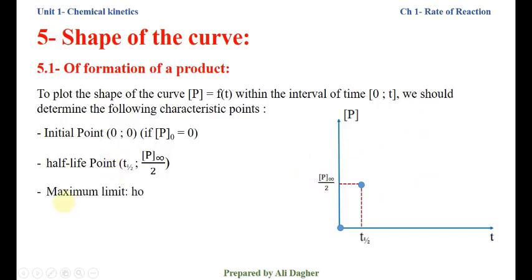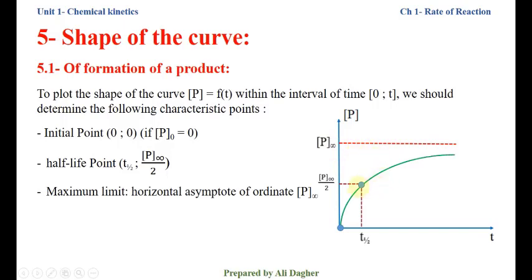The third is not a point, it is a maximum limit, which is the concentration of product formed at infinity. The curve tends to a horizontal asymptote of ordinate concentration of product at infinity. Now, the shape of the curve should pass through the initial point and the half-life point, and tend to a horizontal asymptote, which is the concentration of product at infinity.